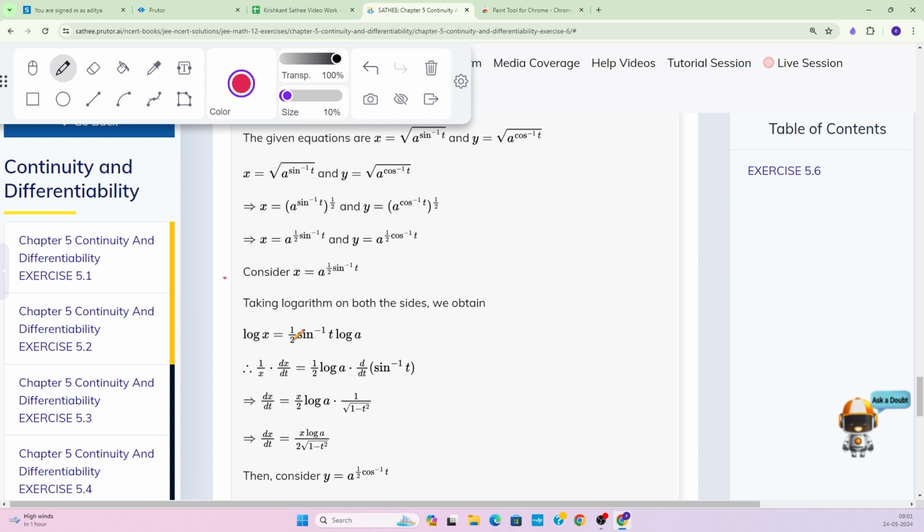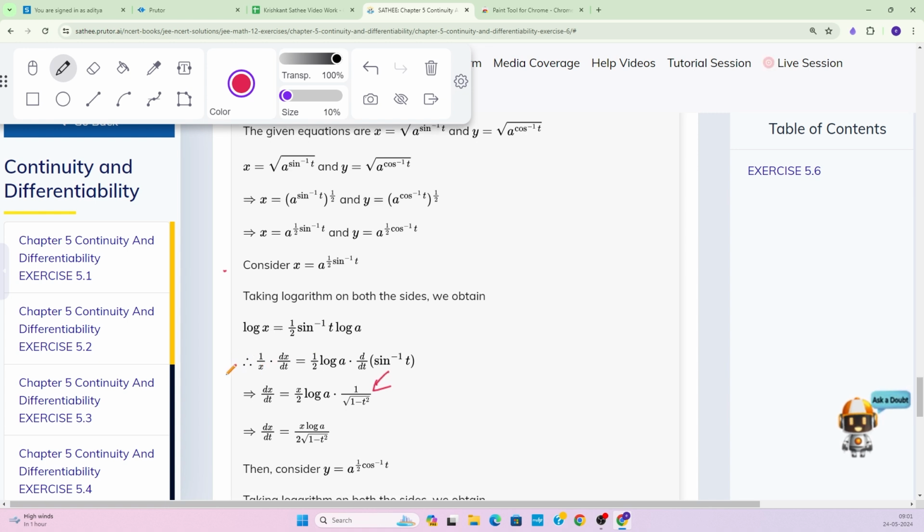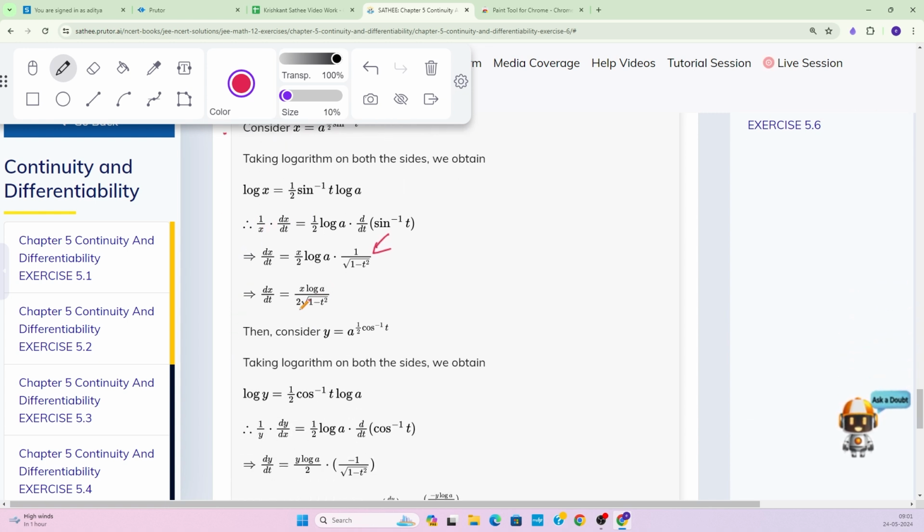Now log x is equal to 1 by 2 sine inverse t log a. Now differentiate them, you will get 1 by x dx by dt is equal to half log a times the differentiation of sine inverse t, which is 1 by root 1 minus t square, and the x will be multiplied here. So you will get x log a divided by 2 root 1 minus t square.